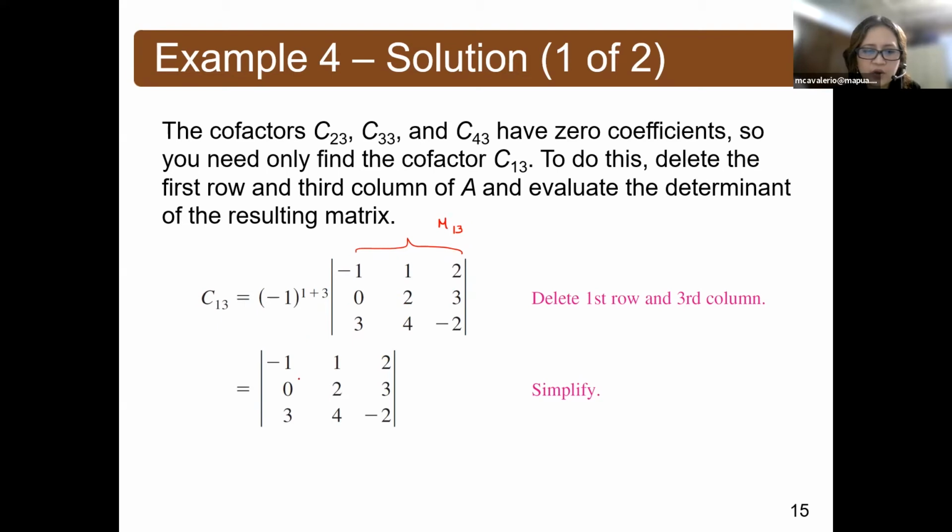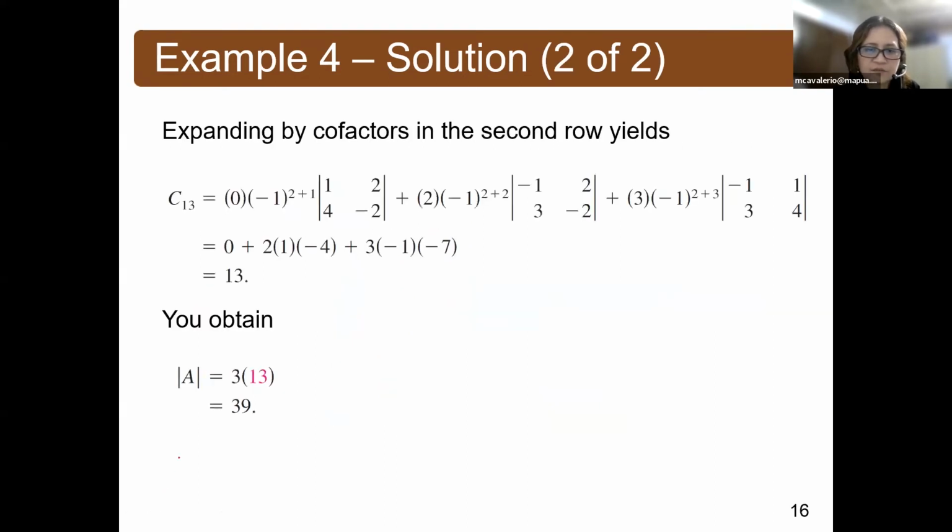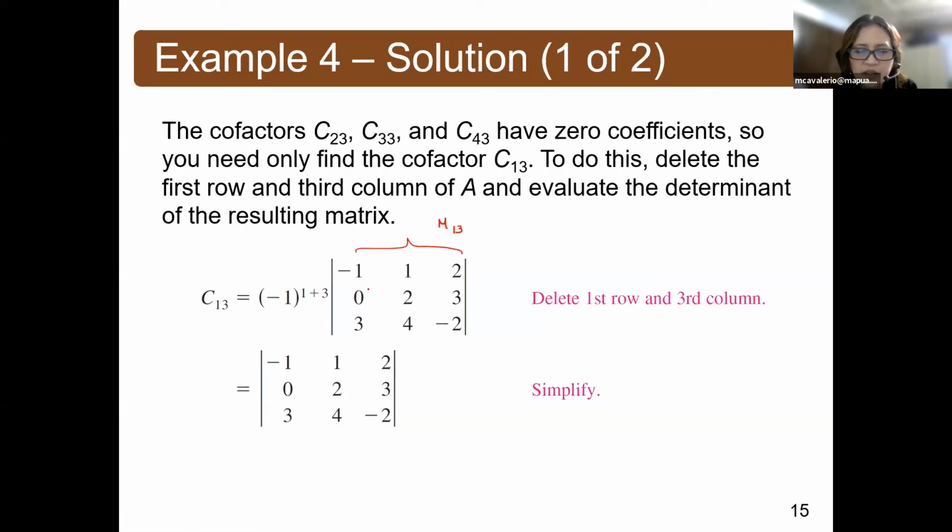So this is already the cofactor 13, which is positive, and then we solve for the minor 13. To solve for minor 13, we can use a cofactor expansion at column 1 since we have a 0 there. So we begin by multiplying negative 1 by its minor.